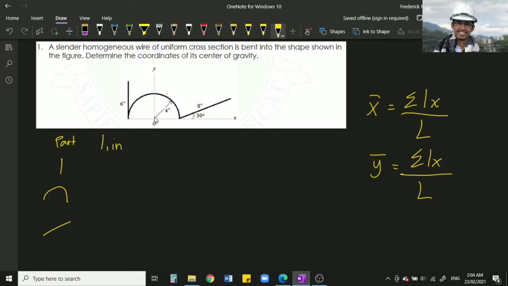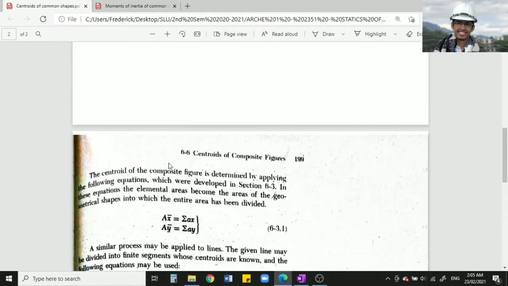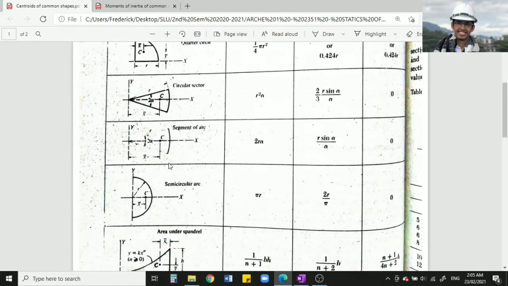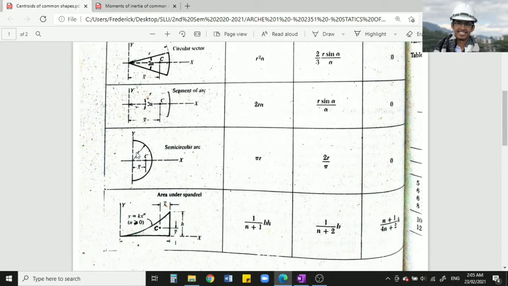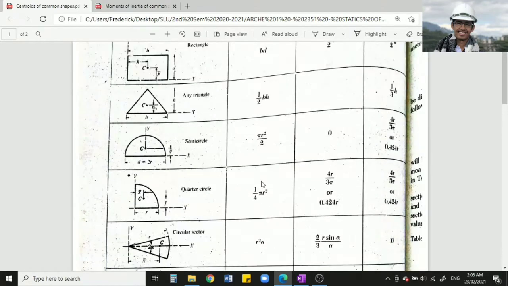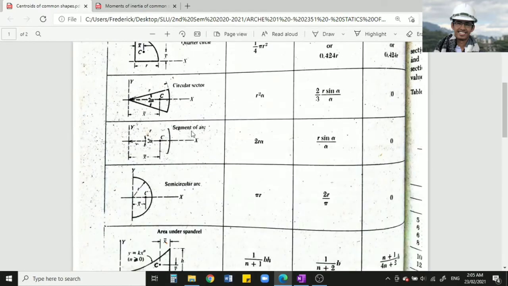So ano yung length ng ating first material? So that will be 6 inches. Okay? And yung sa semicircle natin, so yung radius ng ating semicircle, that will be 4 inch. So yung length ng arc natin, tingnan natin sa ating table. So yung semicircular arc, sabi niya dito, yung arc or length natin, so that will be pi r.